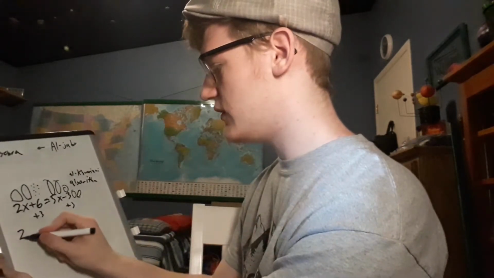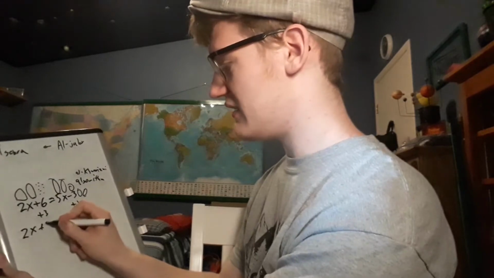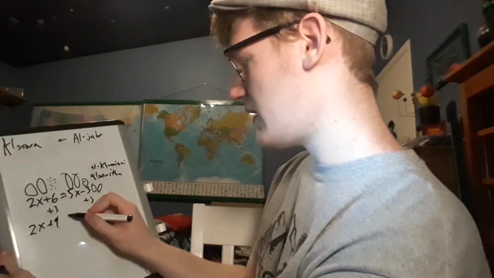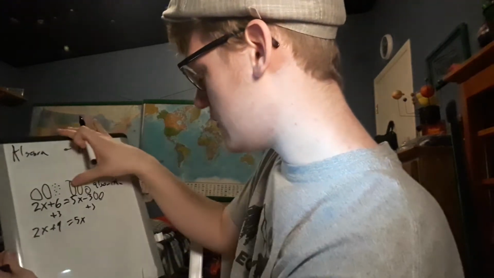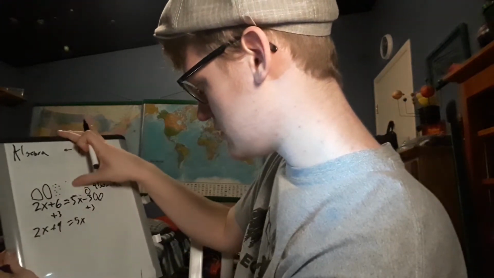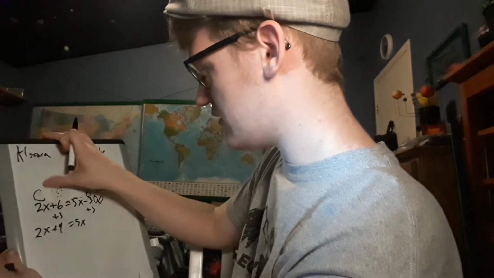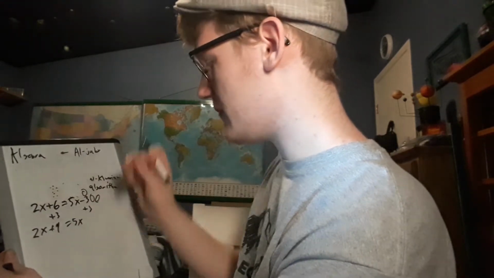And now we have 2 piles plus 9, and we also have 5 piles. Now we can take away 2 piles from both sides because, again, we know that they are the same.